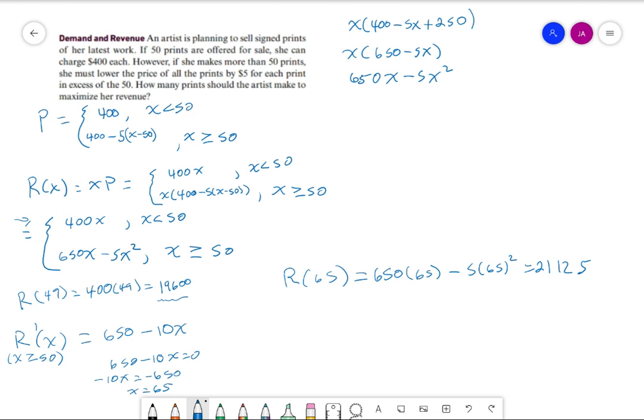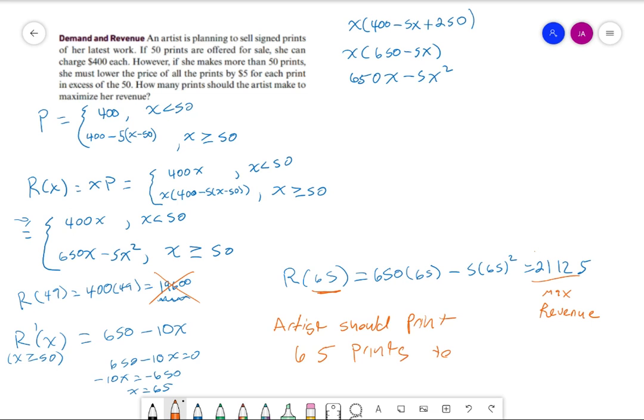And since we're specifically looking at these revenues, notice we figured out that 19,600 was the maximum that could occur earlier, so that's not our max. This is the maximum revenue, right? And so if this is the max revenue, then that means the artist should print 65 prints to maximize revenue.